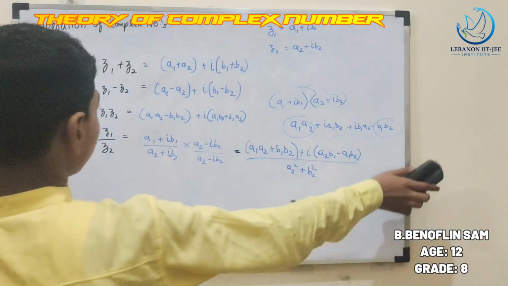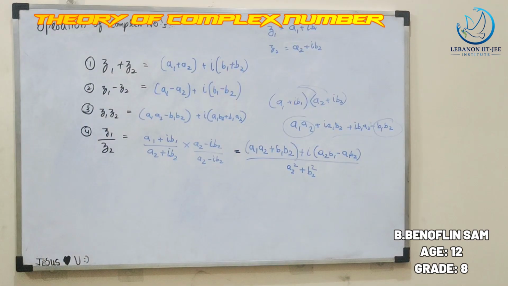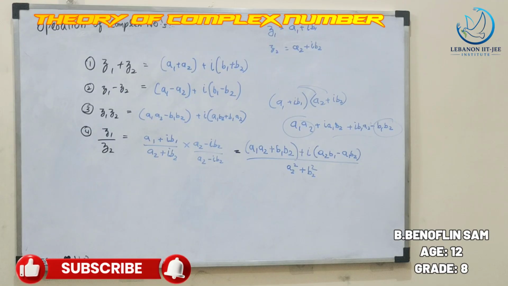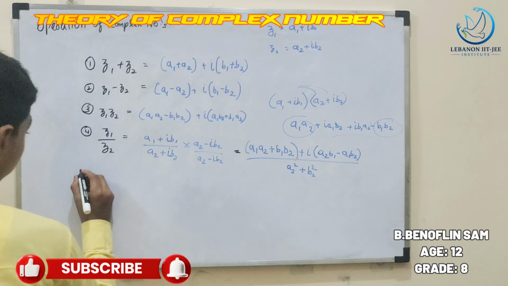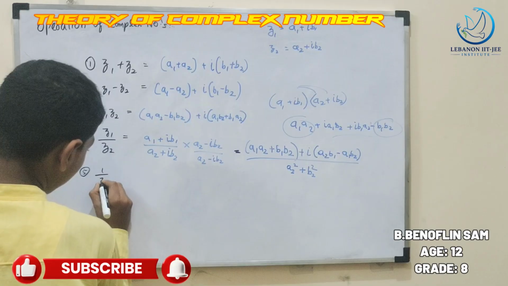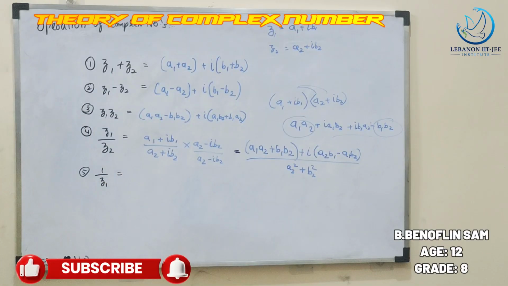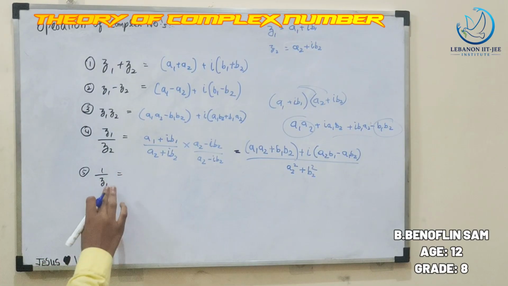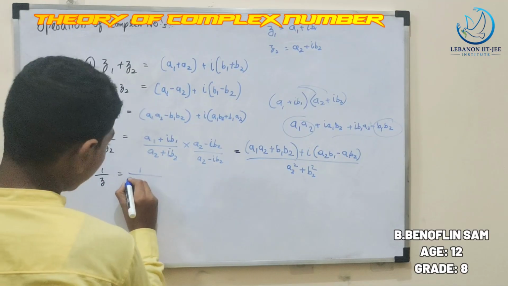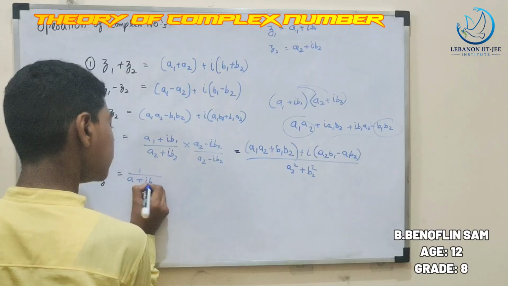Another one is there: what is the reciprocal of z? It is 1 by a plus iota b.